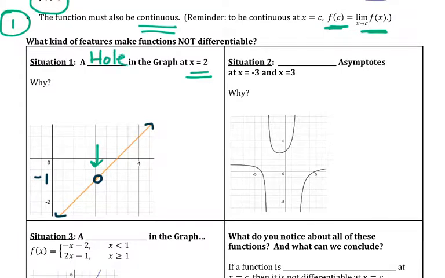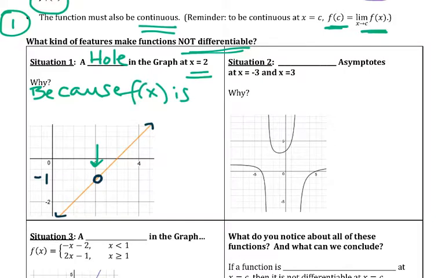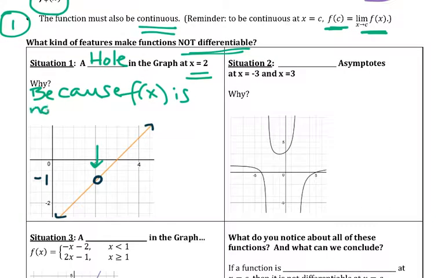The answer is no. What kind of feature makes the function not differentiable? A hole, because f of x is not continuous at the hole. So in this case, at x equals 2.